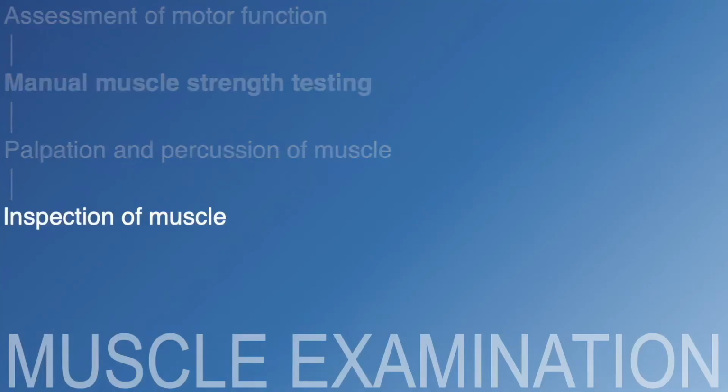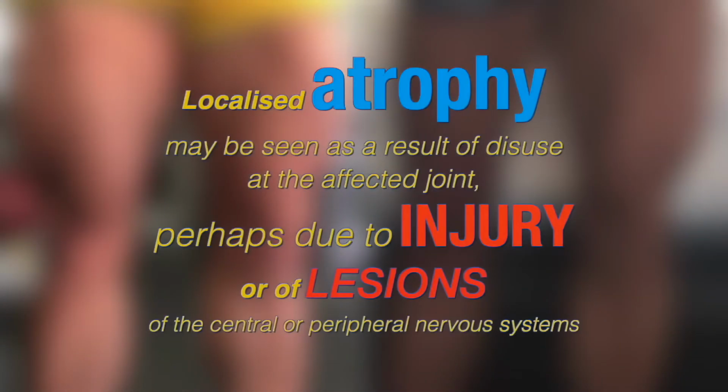Let's begin with the inspection of muscle. Inspection or observation of muscle may provide important clues to the etiology of muscle weakness. Localized atrophy may be seen as a result of either localized disuse, secondary to joint disease or joint pain, or of lesions of the central or peripheral nervous systems.